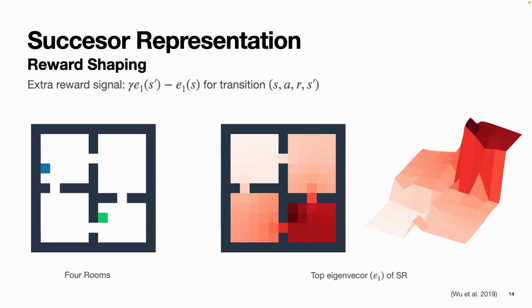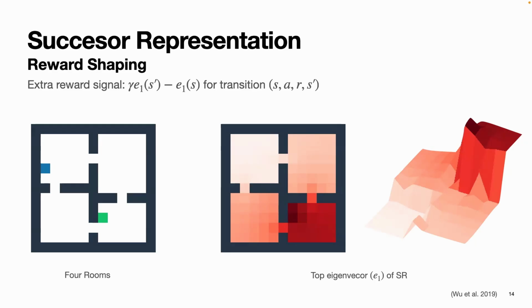But there are cases in other scenarios where we can do both at the same time, so we learn the eigenvector or the successor representation simultaneously as we're learning. So it is possible. But for the case that we're considering, we just assume that we're given the eigenvector in advance, and then we're going to use it to encourage learning.